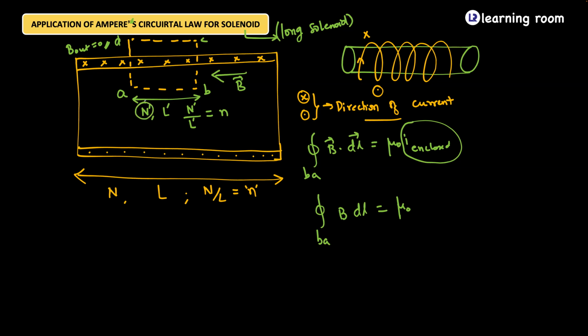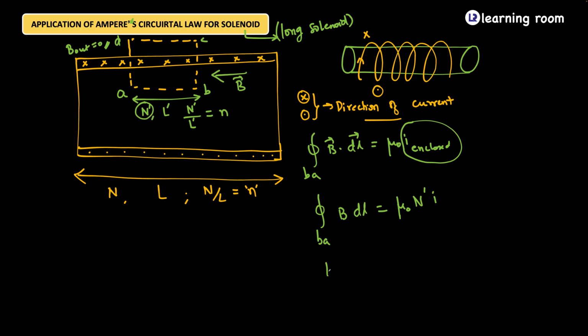N dash windings, right? Each winding carries a current of I. So N dash windings will carry a current of N dash I. So the total current enclosed here is N dash times I. Am I clear till this point?